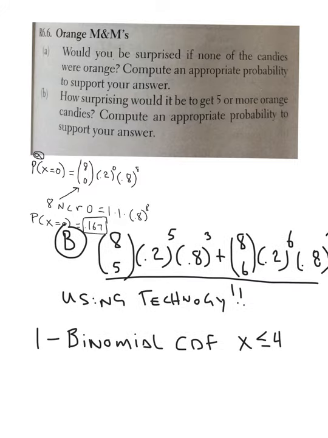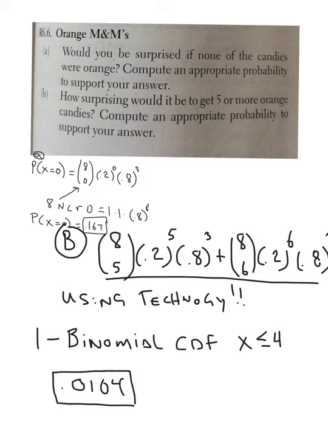Okay, so like this. So it looks like that. So it's 1 minus binomial CDF would give us the same thing as if we added all these together. So let me do that. And that gives us 0.0104. What does that mean in context?